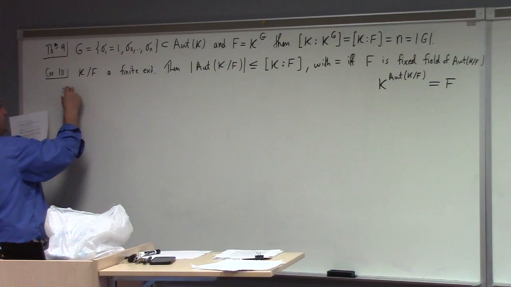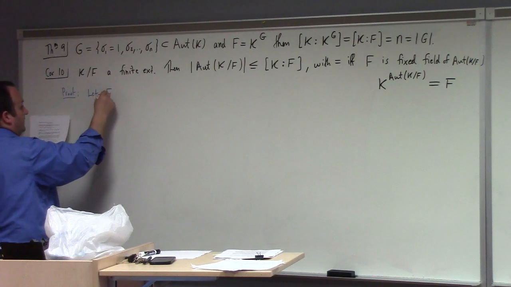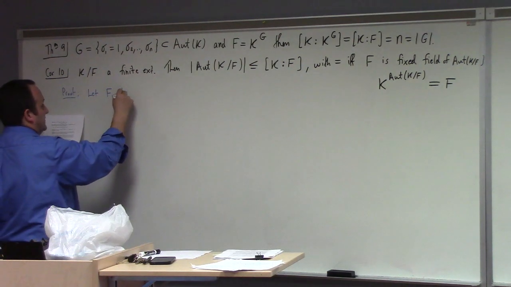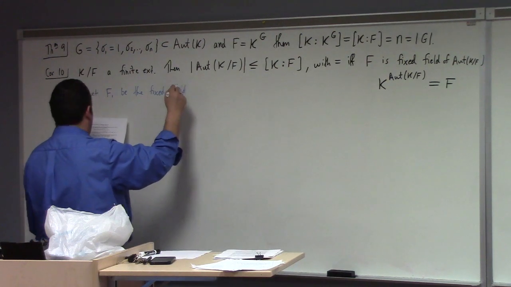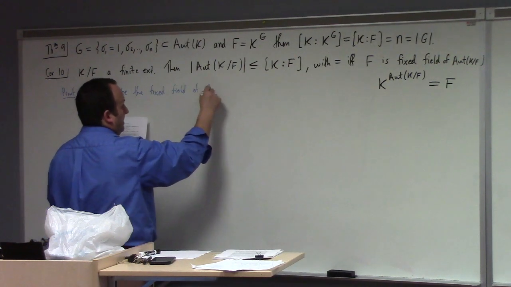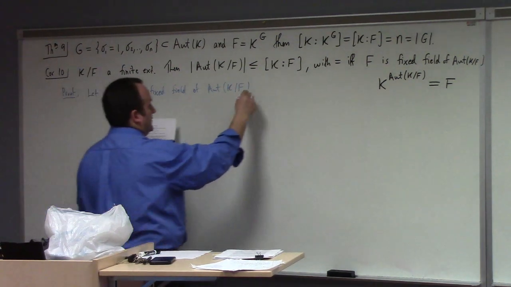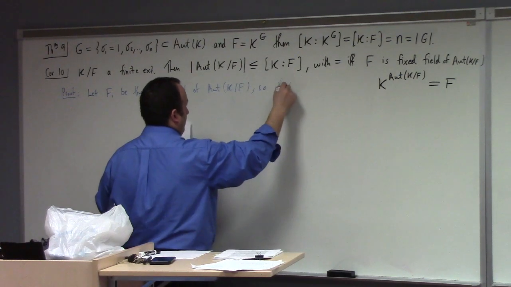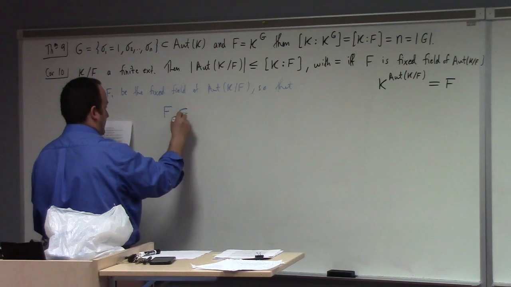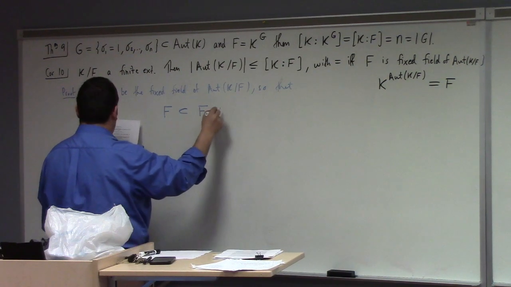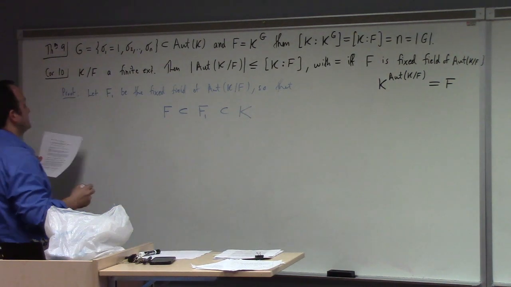All right. Here's the proof. He says let F1 be the fixed field of Aut K over F, right? So that we have F is a subset of F1 is a subset of K. All right.